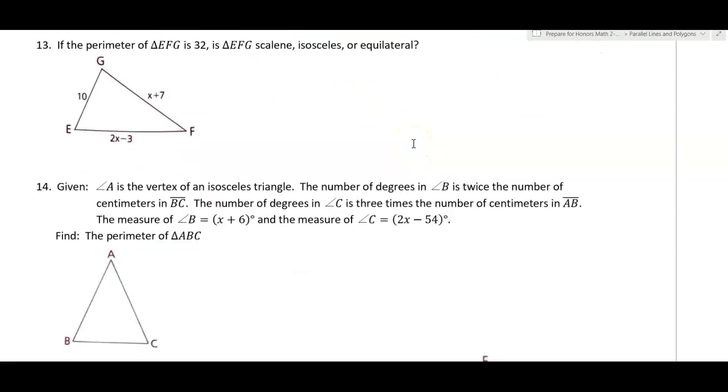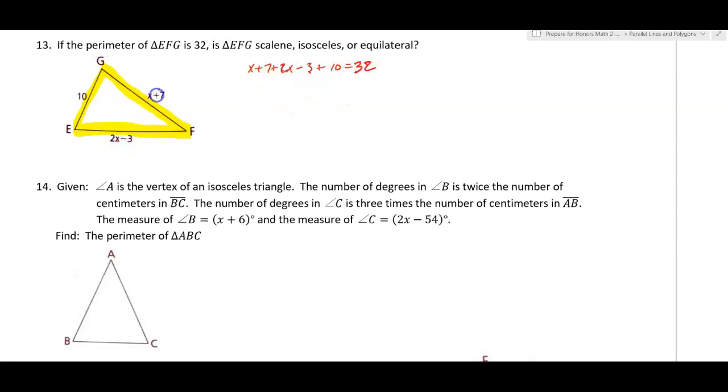The perimeter of triangle EFG is 32. Determine if EFG is scalene, isosceles, or equilateral. Well, if the perimeter is 32, that means all three sides add up to 32. So x plus 7 plus 2x minus 3 plus 10 equals 32.